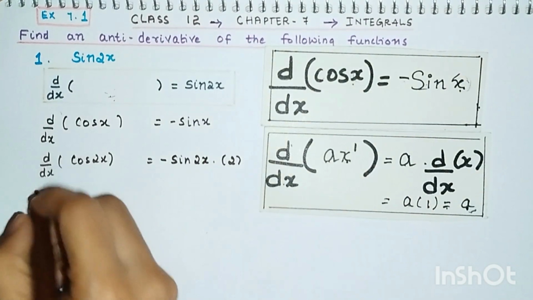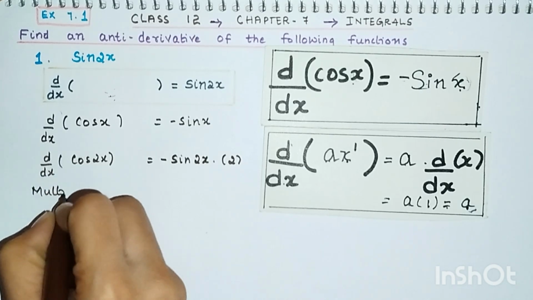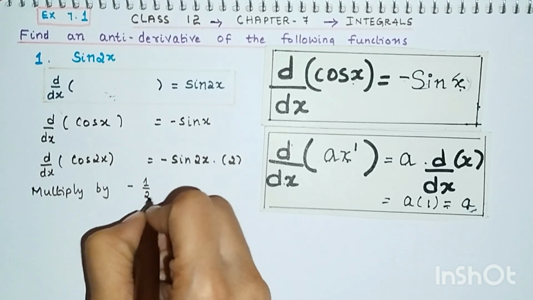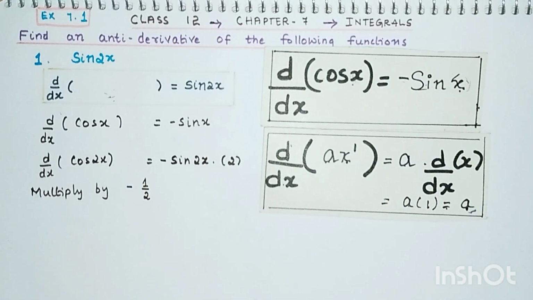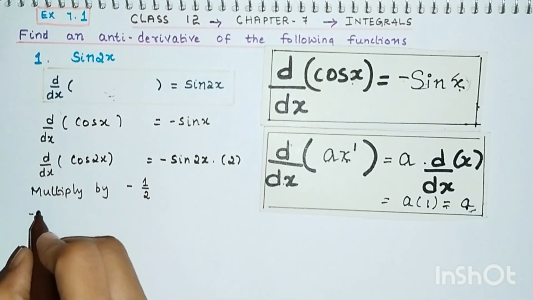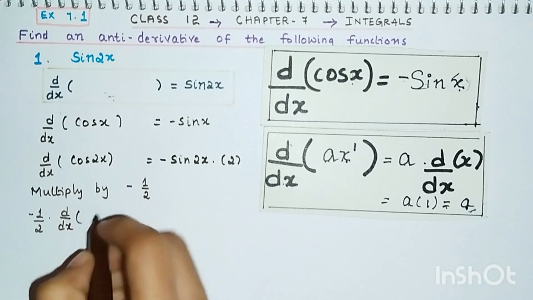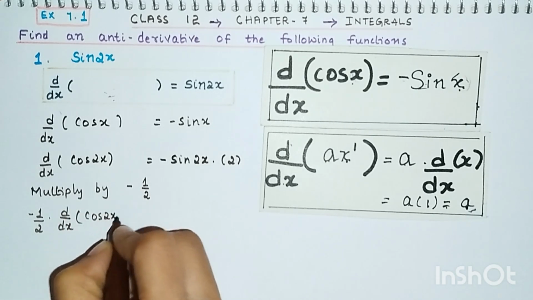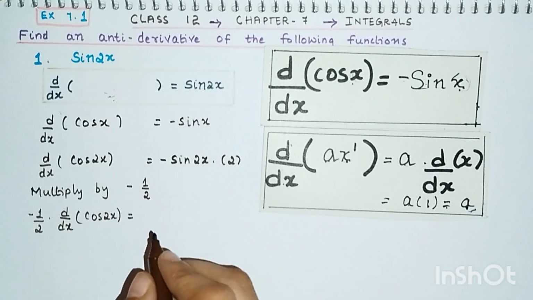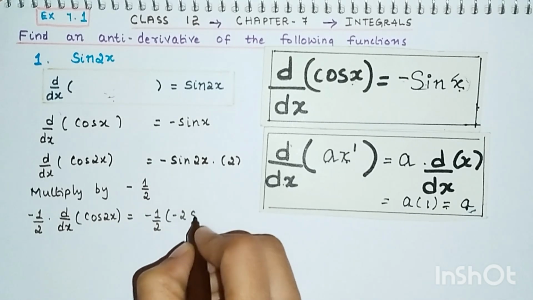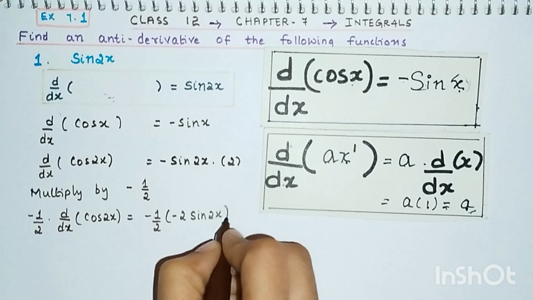So let us combine that and write multiply by minus 1 by 2. So what if you multiply by minus 1 by 2? This will become minus 1 by 2 into d by dx of cos 2x is equal to minus 1 by 2 into minus 2 sin 2x.